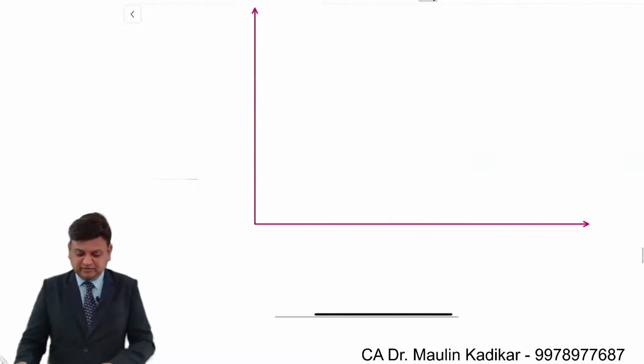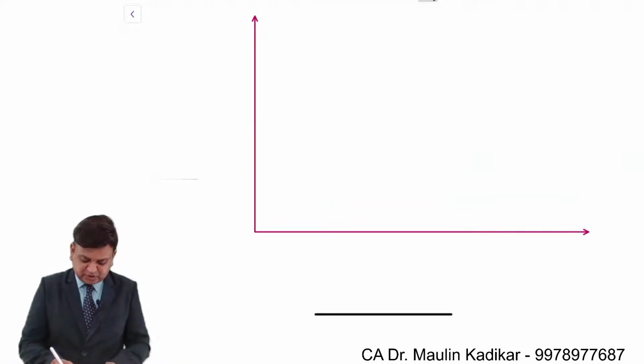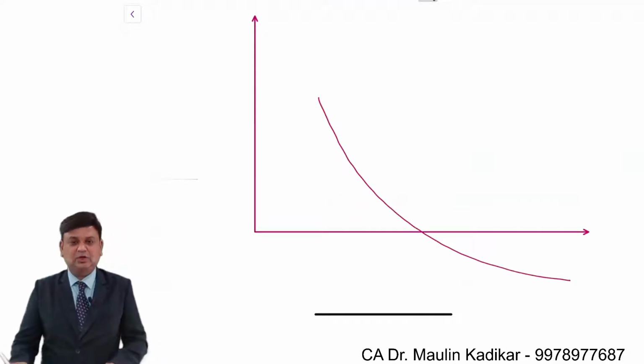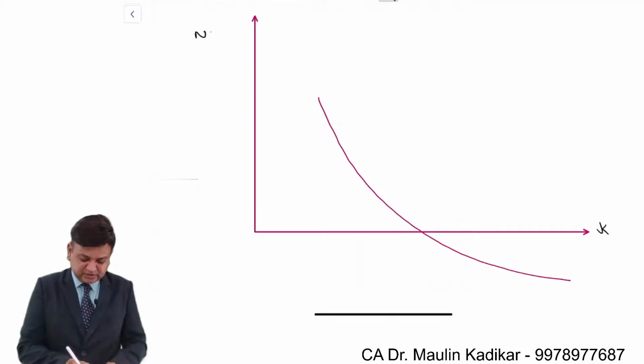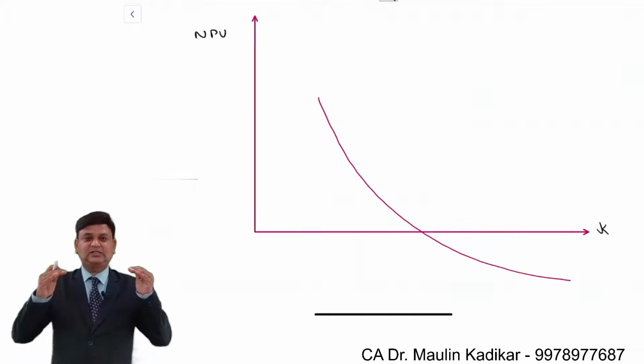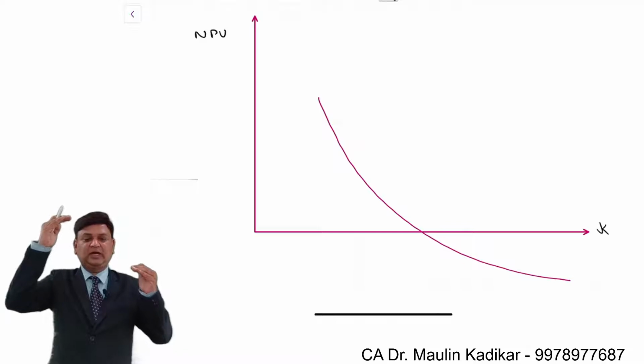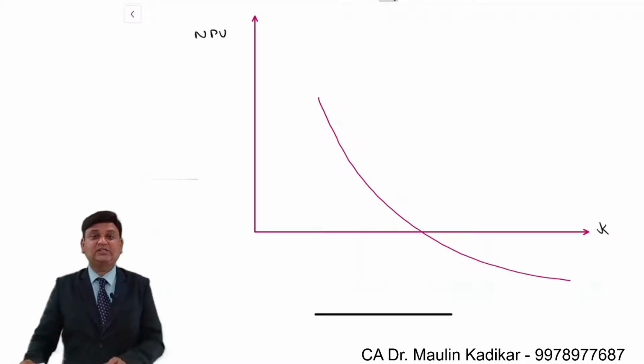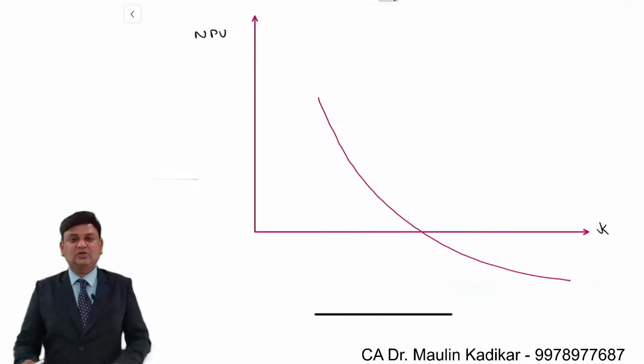However, actually both of them are having disproportionately inverse relationship. So with the increase in the cost of capital, NPV is falling down disproportionately. It is not decreasing proportionately. So the diagram is like this.